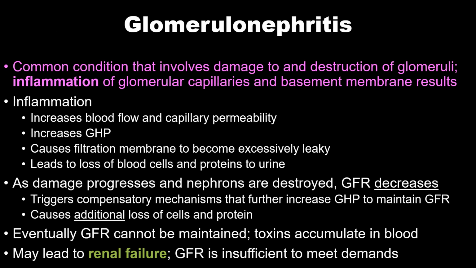And I do want to say that the overall pressure tends to be about 10 millimeters of mercury, and this relatively high pressure combined with those leaky glomerular capillaries and their huge surface area yields that average of 125 milliliters per minute.